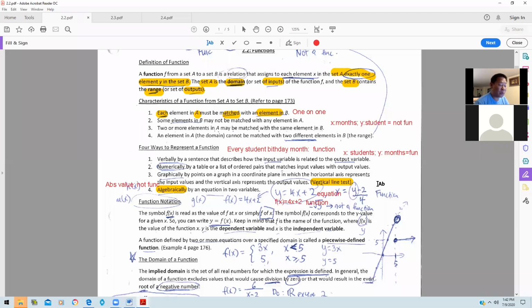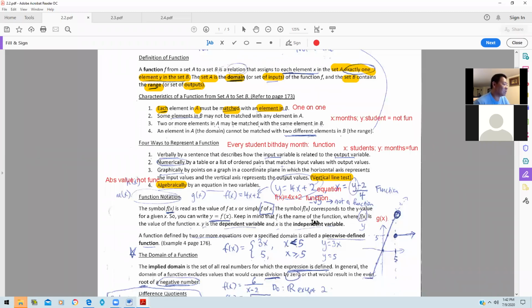Since the question asks you to write the equation down, you have to use y instead of f of x. And sometimes the question wants you to write the function out. So if a question asks you to write a function out, you cannot use y, you use f of x. Besides f of x, you can use g of x, h of x, anything of x. We call these functions in this case.